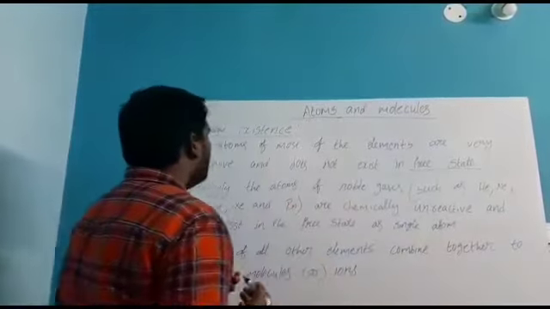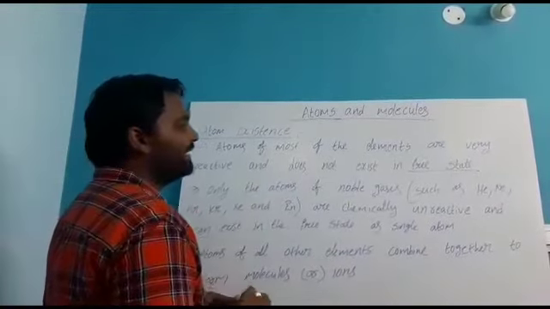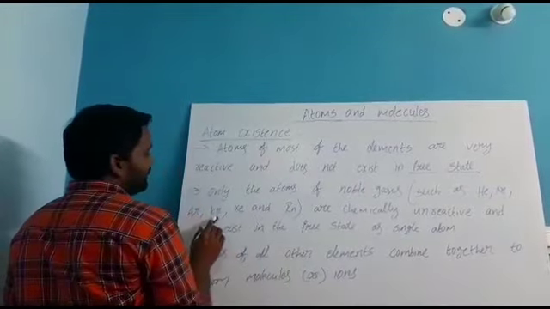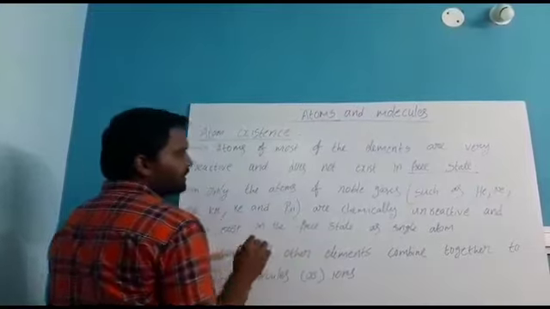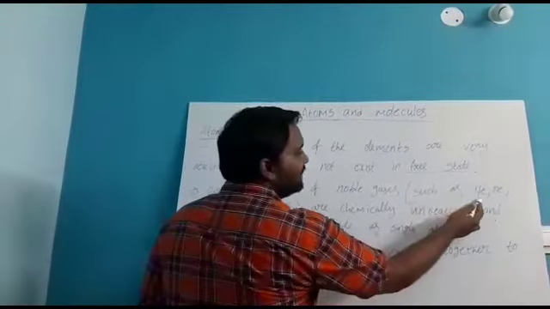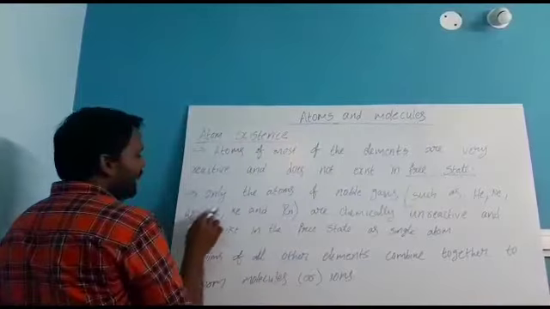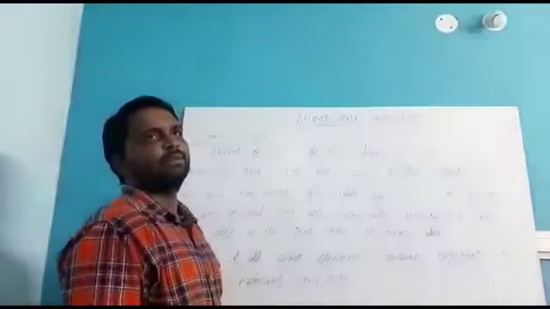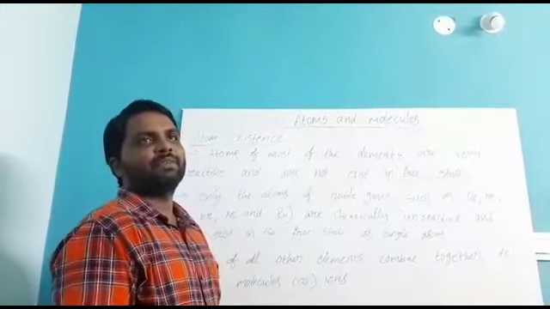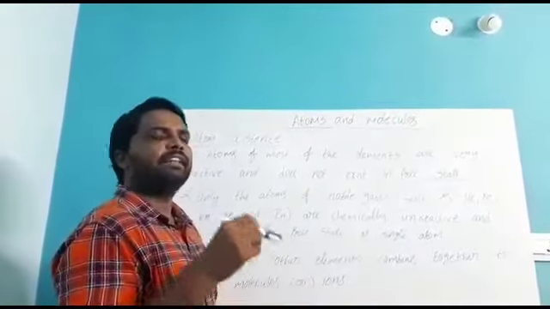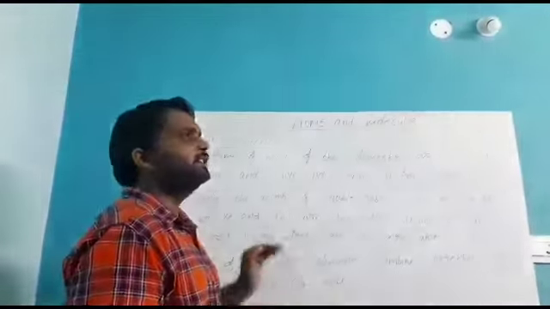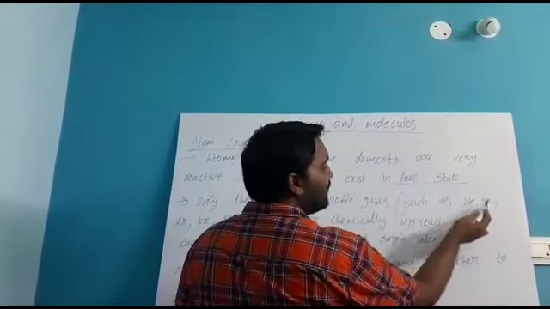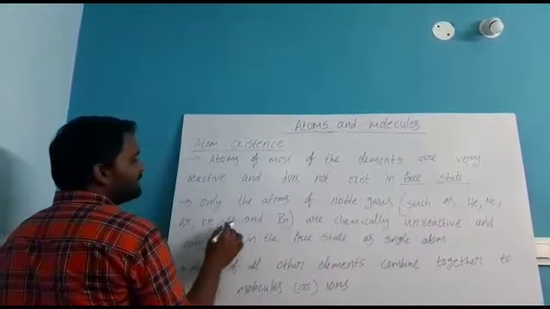Only the atoms of noble gases such as helium, neon, argon, krypton, xenon and radon exist that way. All these symbols are available in the periodic table and in your textbook, so again I am saying, read the periodic table.